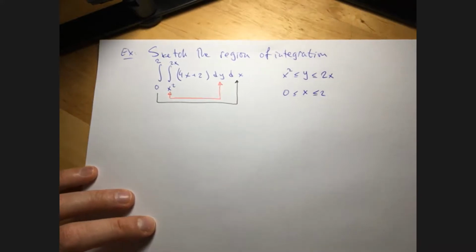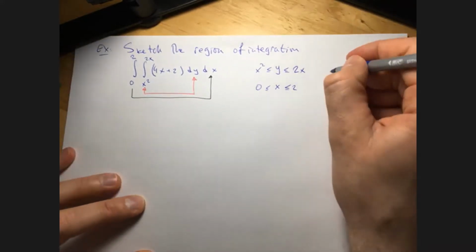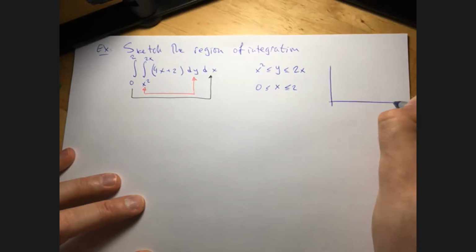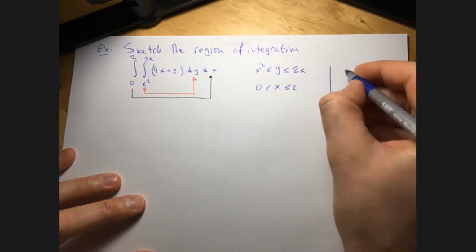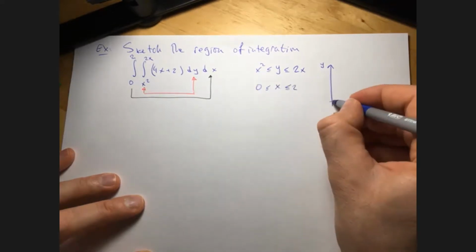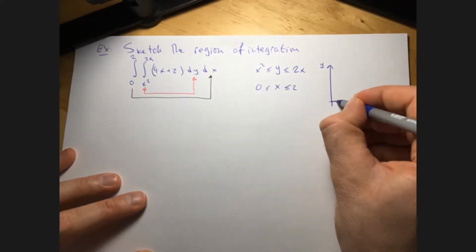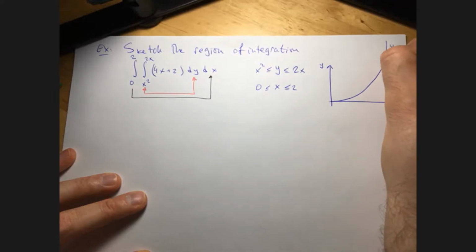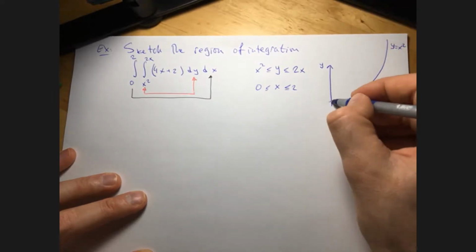So how much is that going to be? Okay, x is always positive, so I can just concentrate on the first quadrant, right? And I have the graph of x squared, and I have the graph of 2x.